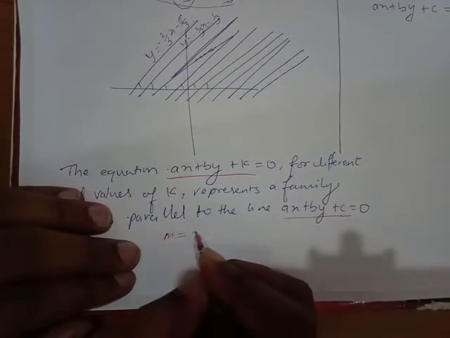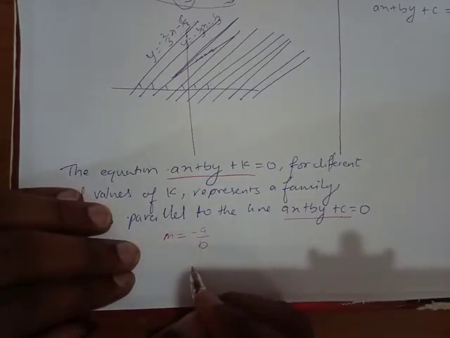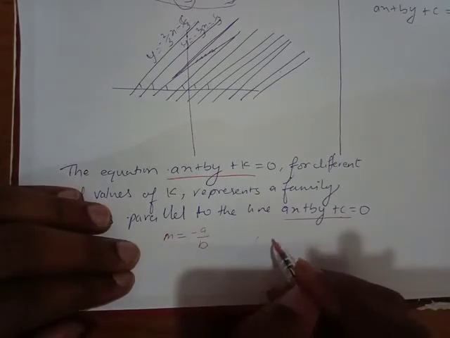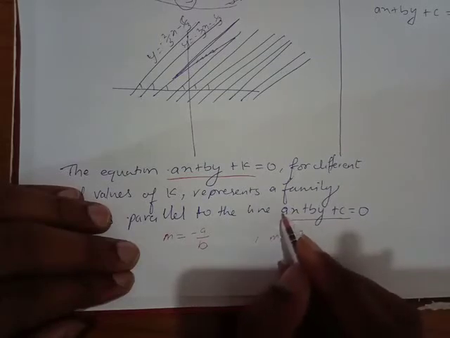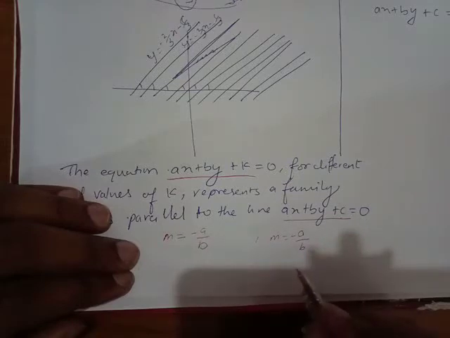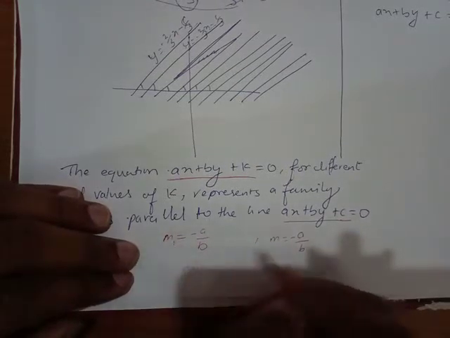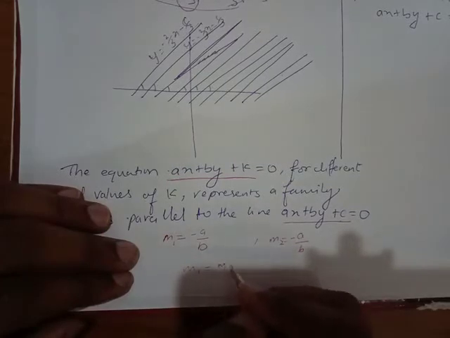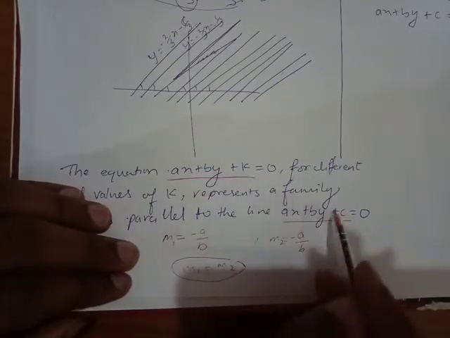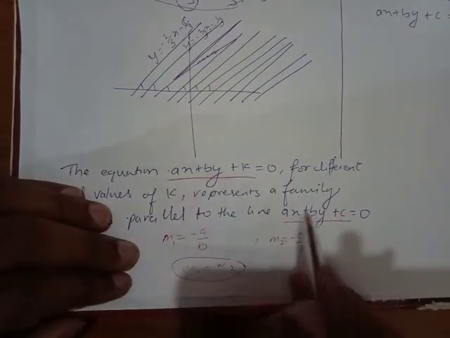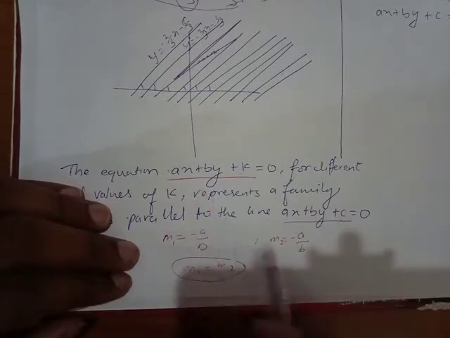You guys think about it. माइनस a ओवर b, ऐसे ही ढूंढते हैं हम लोग, राइट? Think about it, इसका m क्या होगा? m for this is going to be minus a over b, क्योंकि a over b होता है x का कोएफिशिएंट ओवर y का कोएफिशिएंट, आप सबको पता है. सो आप देख रहे हो दोनों के m क्या है, m1 इक्वल्स टू m2. तो दोनों के स्लोप कब इक्वल होते हैं? जब लाइंस पैरेलल होती हैं. उसको c और k से, जो कांस्टेंट टर्म होता है, उससे कोई लेना देना नहीं है. तो जब भी ऐसे दो इक्वेशन आएं, इसका मतलब दोनों लाइन पैरेलल टू ईच अदर हैं.